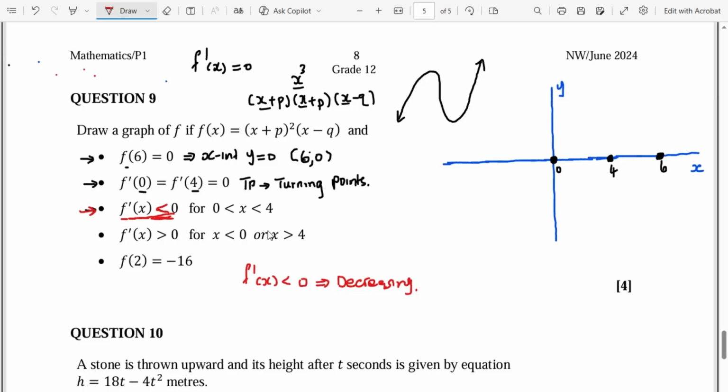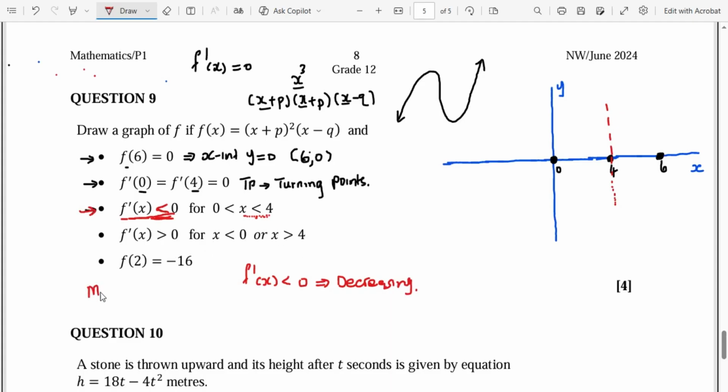Let's put it like this. It's best if we say it is decreasing for x less than 4. So this is my 4. Then let's first talk about the local maximum and minimum.